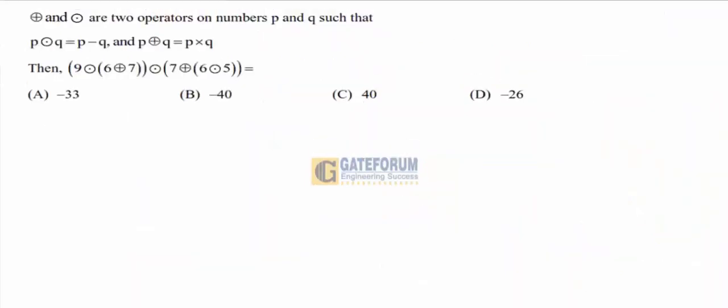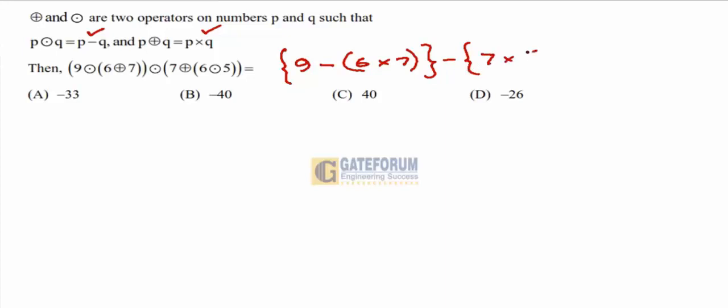See, these are two operators on numbers p and q such that this operator indicates a minus and this operator indicates a multiplication. So what will this turn up to be? This will turn up to be simple 9 minus 6 into 7 minus 7 into 6 minus 5.